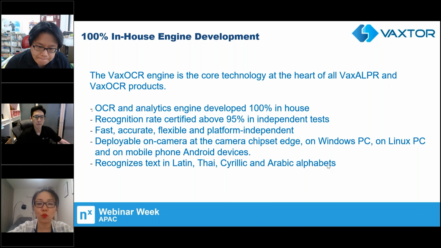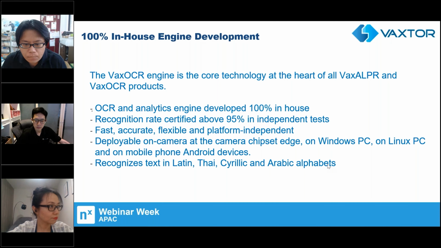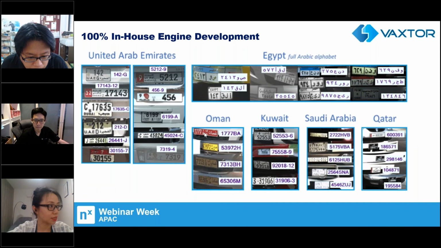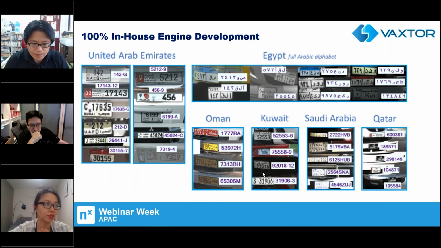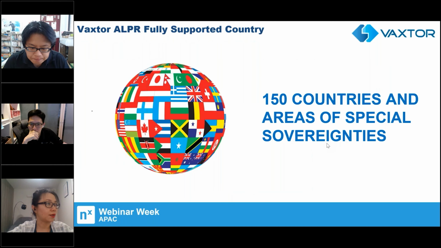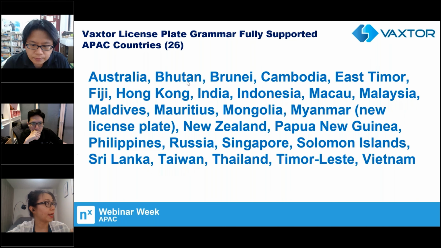Arabic is considered one of the most challenging plates, as it's difficult to recognize and small in size. I already mentioned this, and this is just a quick look at the APAC countries that Vaxtor is able to cover right now.